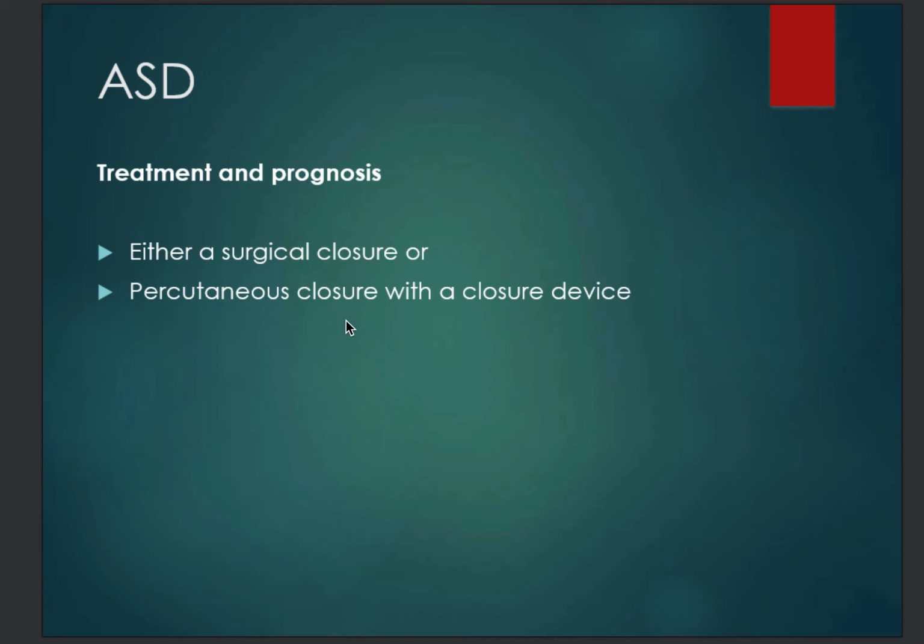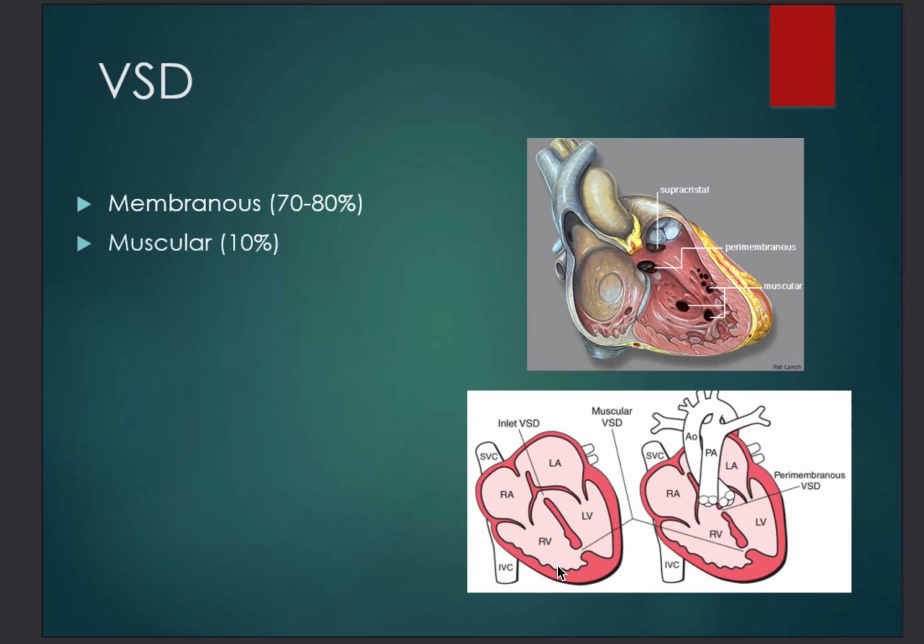And we discussed percutaneous closure: comment on the rims, the size of the ASD, and any associated congenital anomalies, in specific the partial anomalous venous return. And thank you.